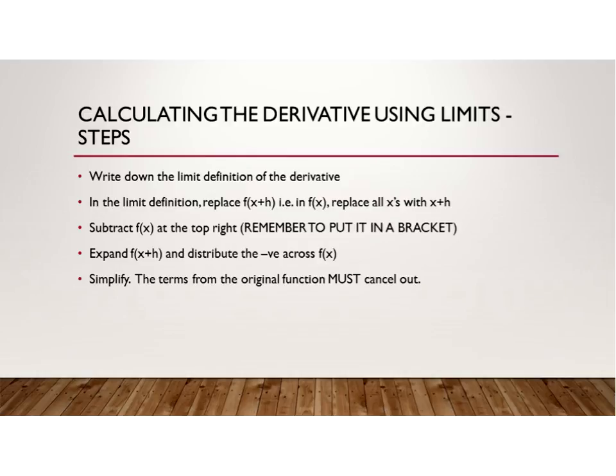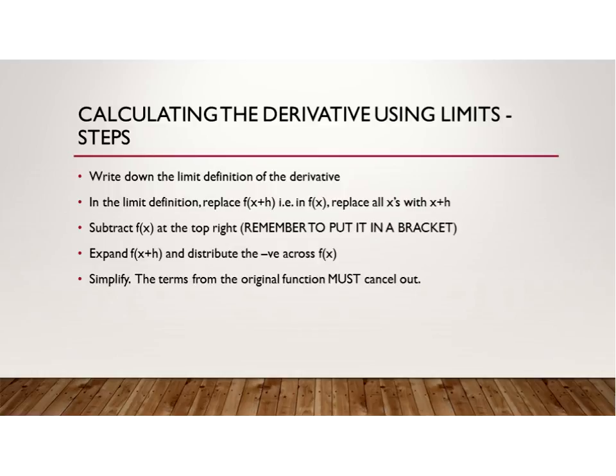Then we just slog it out with the algebra, simplify the terms, cancel it down, and we remember whatever the original function was must all cancel out of that work when we do it. If it doesn't all cancel out, you've made some sort of arithmetic or algebra mistake somewhere.